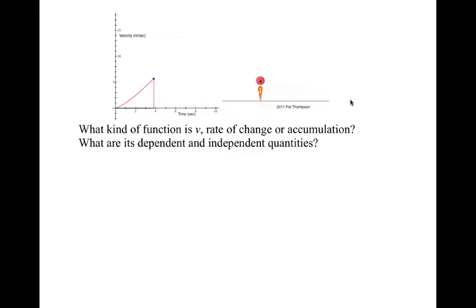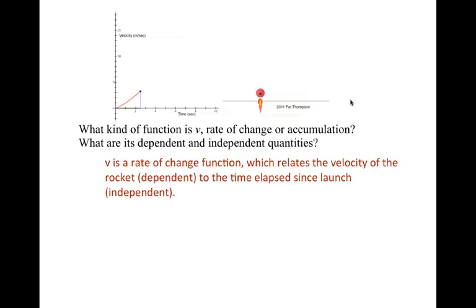From the units, the numerator is meters, so it's the rate of change of the height. The independent quantity on the horizontal axis is time since launch. And the dependent quantity of V is the rate of change of height. So V is the rate of change function, relating the velocity of the rocket to the time elapsed since launch, okay?